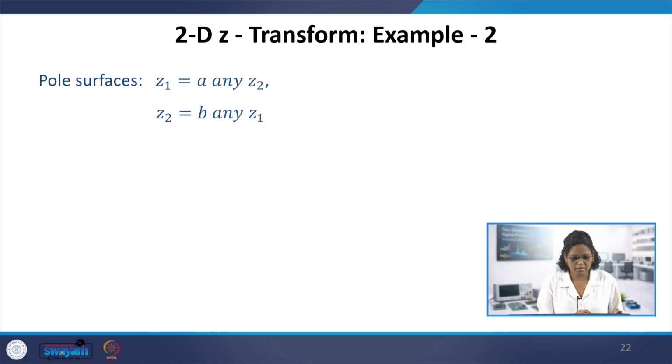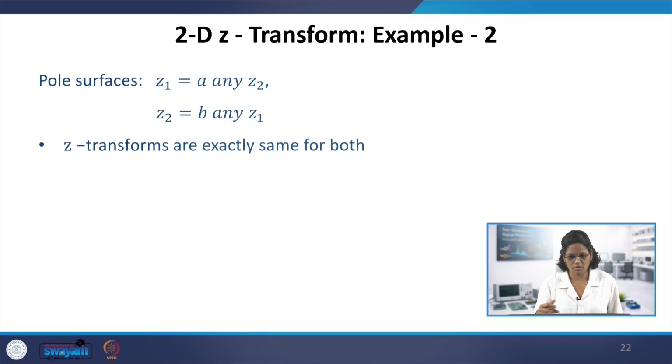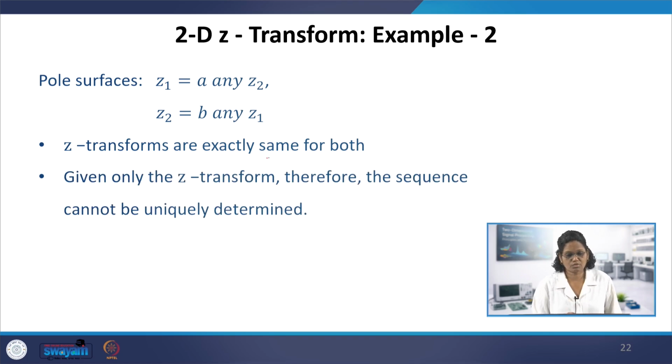Now the case is z1 equal to a for any z2 and z2 equal to b for any z1. So that's why it is for all these regions, but the intersection is now only in the second quadrant. If you recall the Z transform for the first example and the second example, it would be the same: the first quadrant sequence and the second quadrant sequence both have the same Z transform, but only the ROC is different.